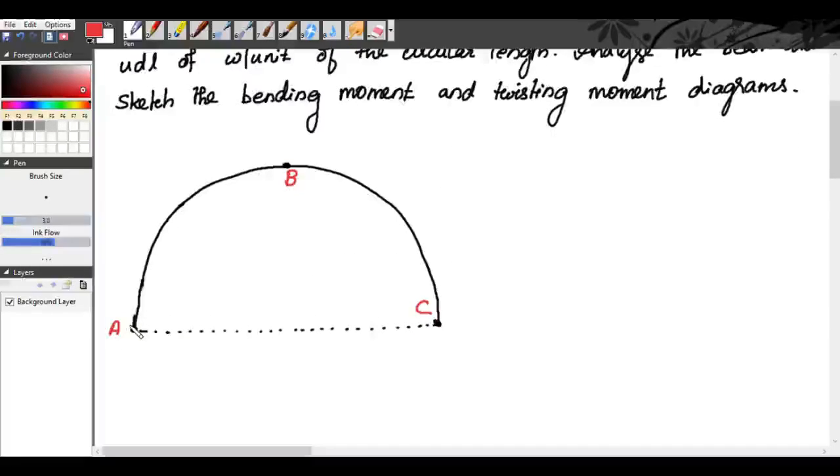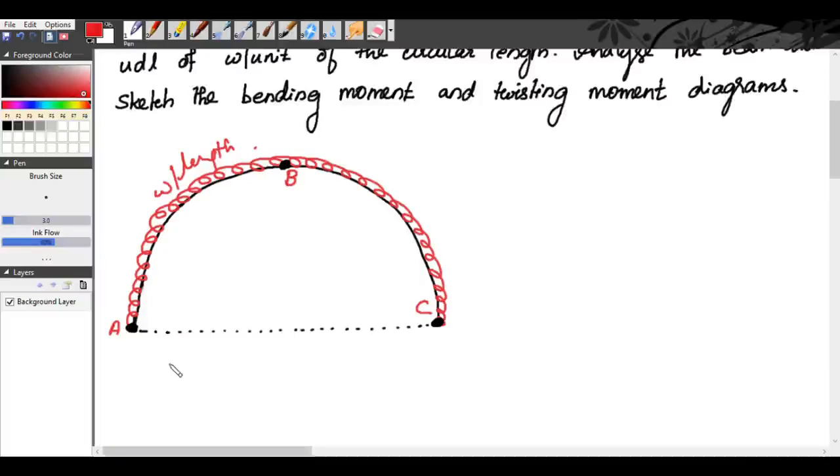So this curved beam, over its curved length, carries a UDL of W per unit length. We have a hinge at A, another hinge at B and another hinge at C. We know this curved beam is said to be statically determinate, because we have 3 equations.